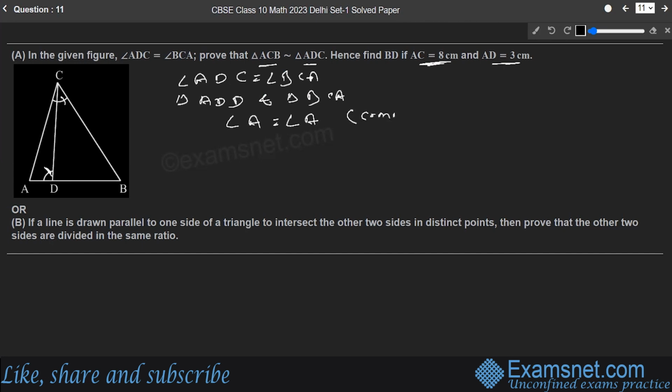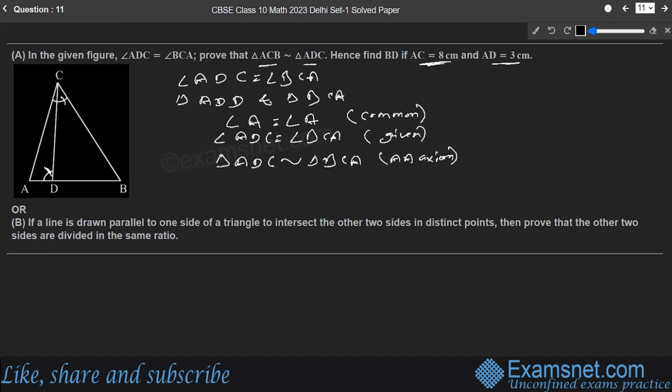So this can be taken as a common angle, and the other angle pair has been already given, that is angle ADC is equal to angle BCA. This is already given in the question itself. So by using the angle criterion, we can directly prove that triangle ADC is similar to triangle BCA by the AA axiom of similarity. We have already proven this.